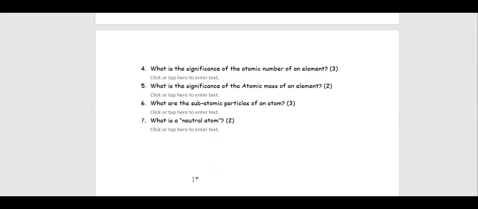A neutral atom is an atom that has the same amount of protons as it does electrons. Excellent, first of all. So all the atoms on the periodic table are naturally neutral atoms. They have the same amount of protons and the same amount of electrons. We're going to go in depth on that topic in the next lesson.